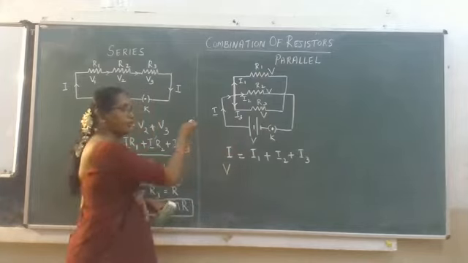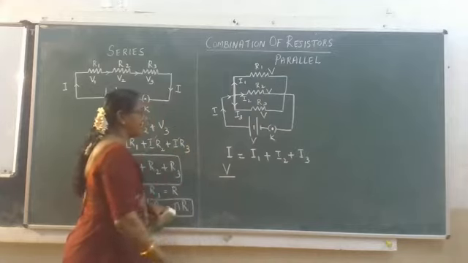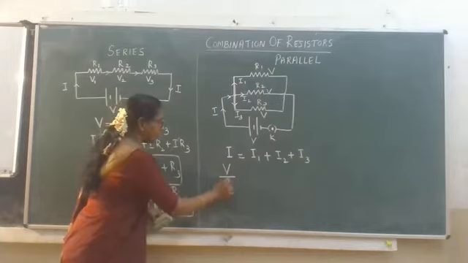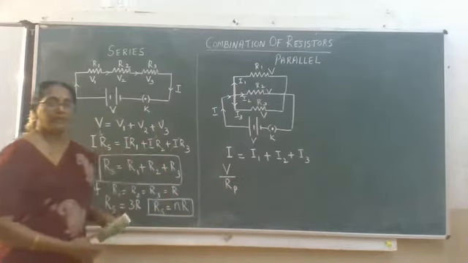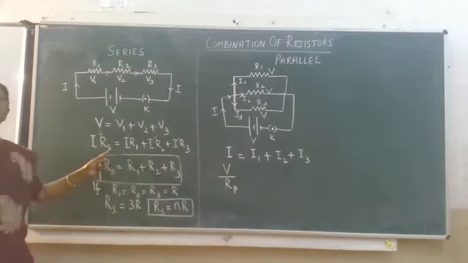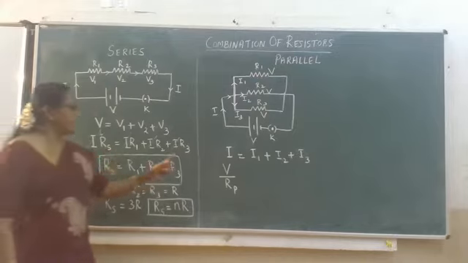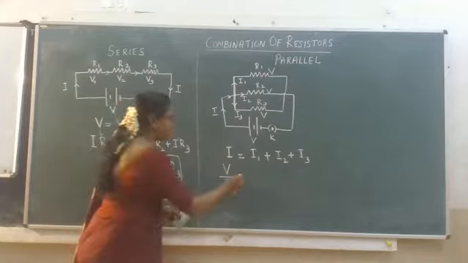Here there is no problem, potential difference is remaining same. V divided by, let us put the total resistance of the circuit marked as Rp. Why have I marked it with Rp? Here the series total resistance I marked as Rs, denoting this is a series combination. Here it is parallel, therefore I marked it as Rp.